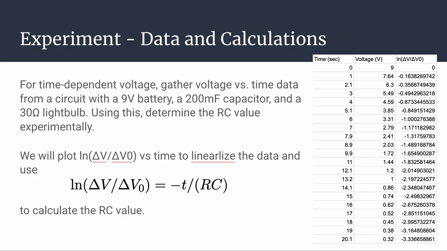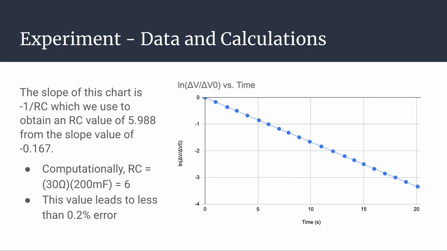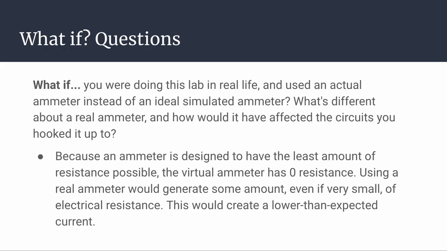And then we use this formula in order to calculate the RC value. The slope of this chart is -1 over RC, which we use to obtain an RC value of 5.988 from the slope value that we got, which was -0.167. And computationally, the RC should equal 6, so this value leads us to a less than 0.2% error.